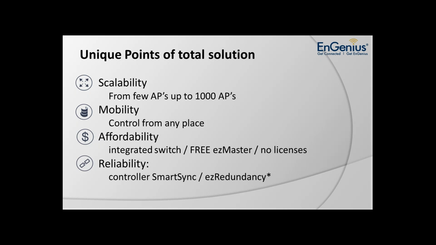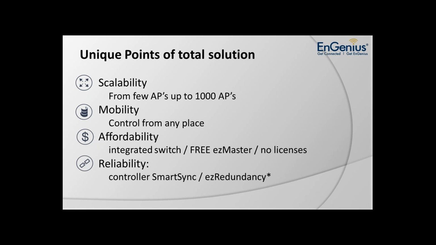The only thing that you need to buy is the Neutron switch with access points, as many as you need. On top, you have the free ezMaster software, which you can either install on a PC, or you can put it in the cloud with the cloud version that is available at a later stage.